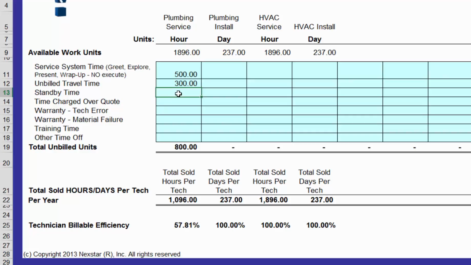Now standby time, this happens when you don't have a call for the tech to run. Maybe it's between 10 and 2 o'clock, or maybe it's from noon to 5, or whenever that is, or maybe you're just sending home because you don't have any work for them. So that's all standby time that we're assuming here that you're paying the guys 40 hours a week. And it's not just a matter of whether you physically pay them the 40 hours a week.